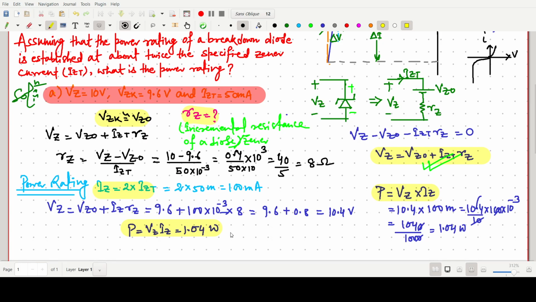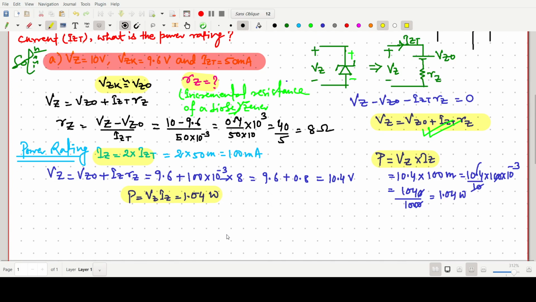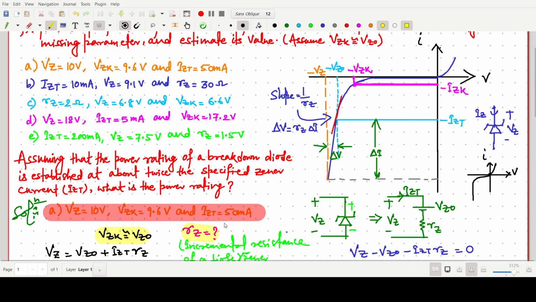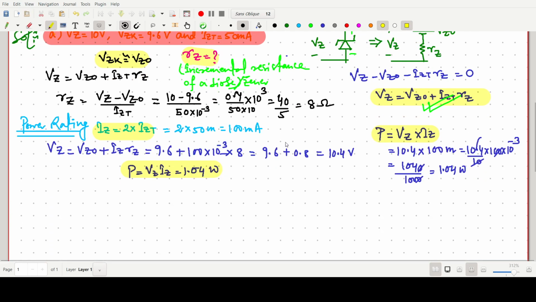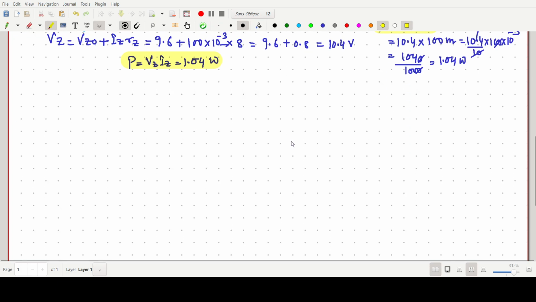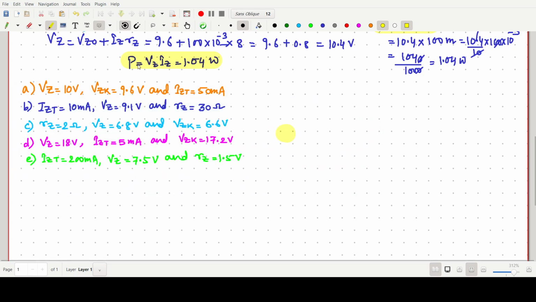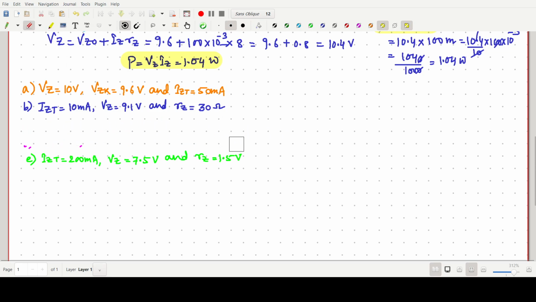Now we go for the second part of the question. The first part we have already solved. Now we go for the B part. Again the very same procedure we have to follow.